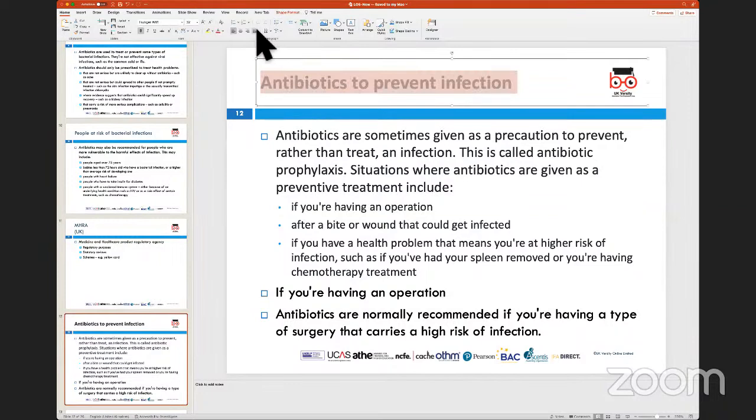So when we talk about antibiotics and the way they prevent infection, they basically cause some sort of reaction in the body. When we look at the treatment which antibiotics provide, what they tend to do is cause a reaction in the body which prevents the disease from spreading further.